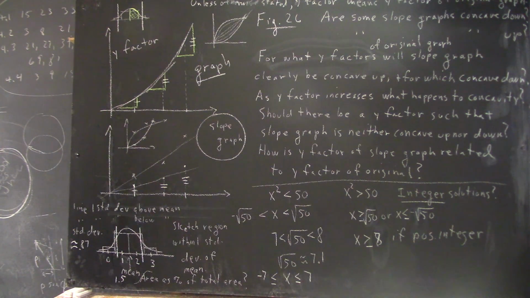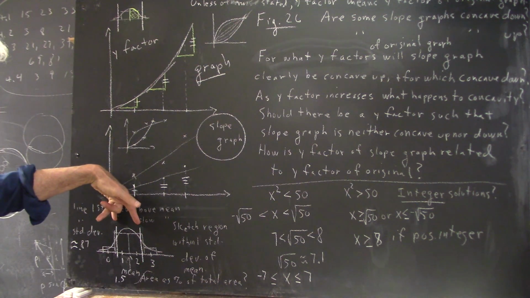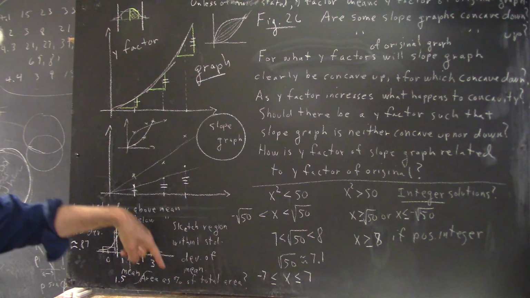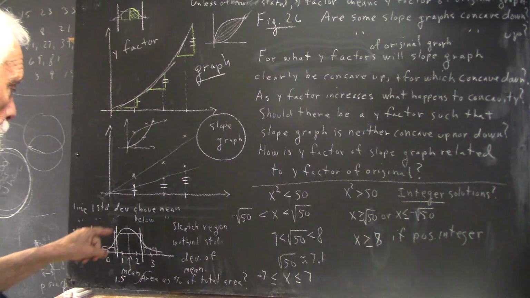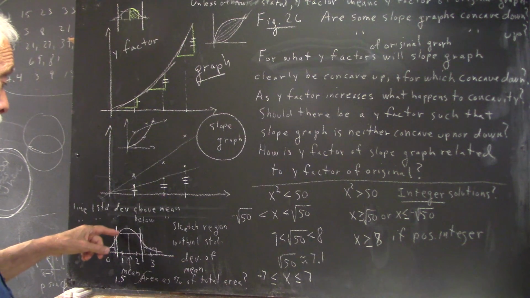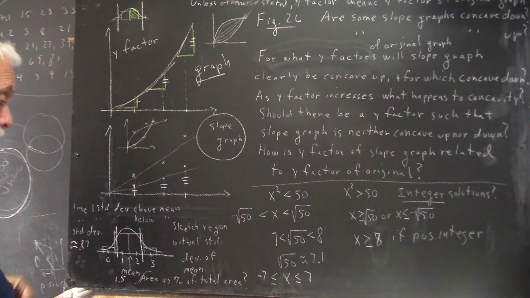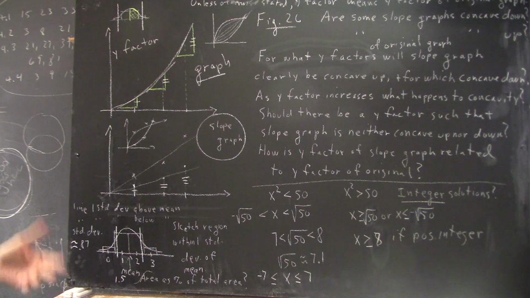And then what I asked for is the area of the region between 1 standard deviation below and 1 standard deviation above the mean as a percent of the total area under the bell-shaped curve. So what's the area under the bell-shaped curve between here and here as a percent of the total area? Now I gave a couple of hints. I asked, do you think it's more than half of the area or less?